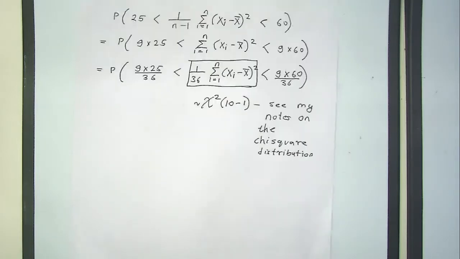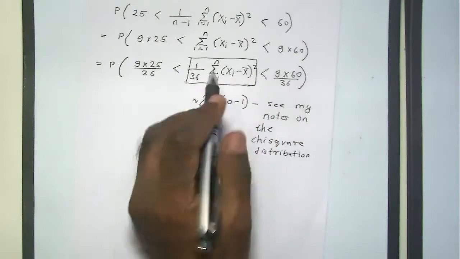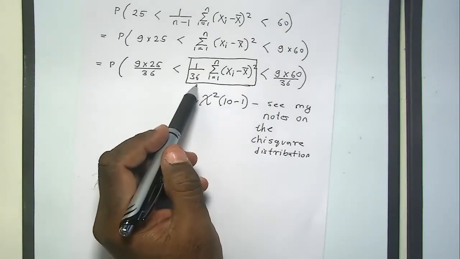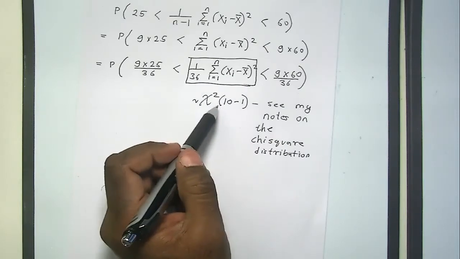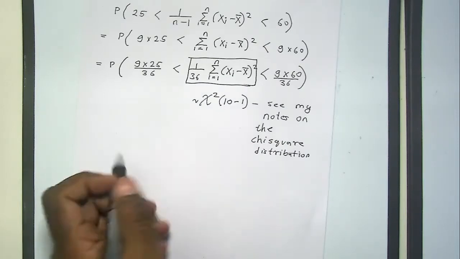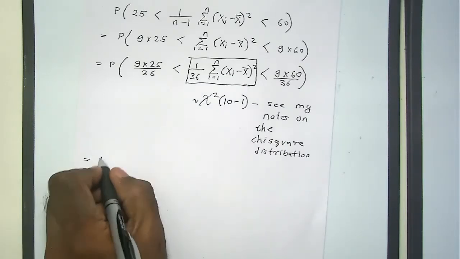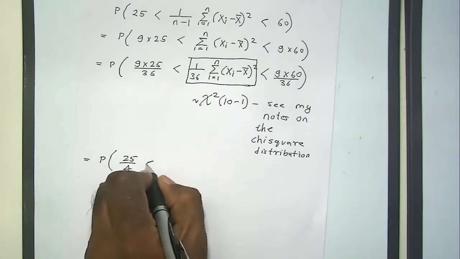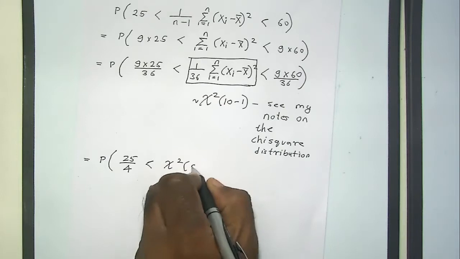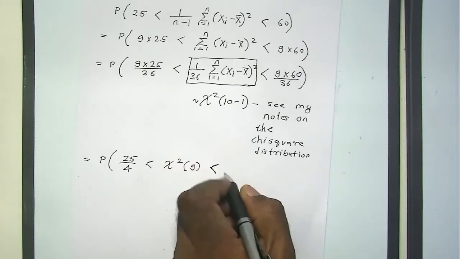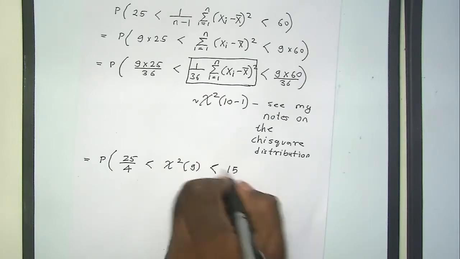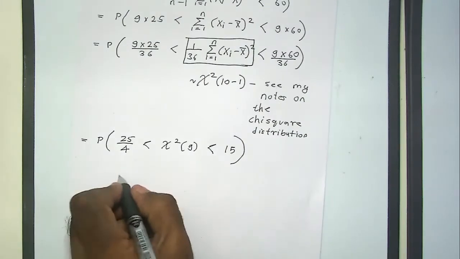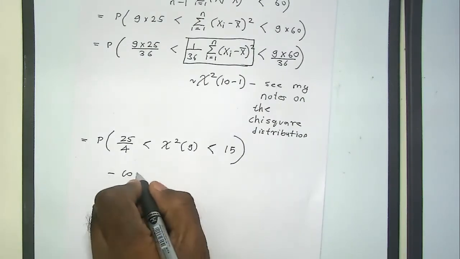Anything of this kind, where you have the sum of the squares divided by the variance, which is 36 in this case, has a chi-square distribution with n minus 1 degrees of freedom. So what you have is the probability that 25 divided by 4 is less than chi-squared 9 less than 15.